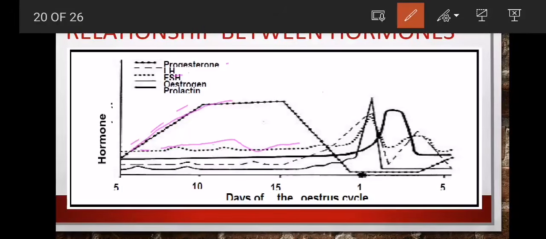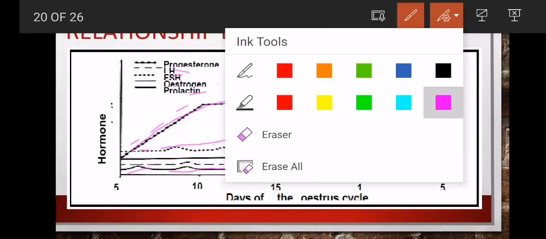Then you have this one with a line, which would be your prolactin. Then we have this one, a dashed line, which will be your LH. Then we have this one, which will be your estrogen. So make sure that you take note of those keys.